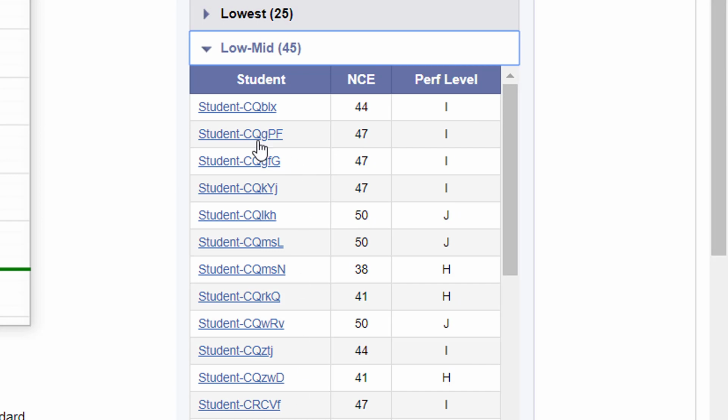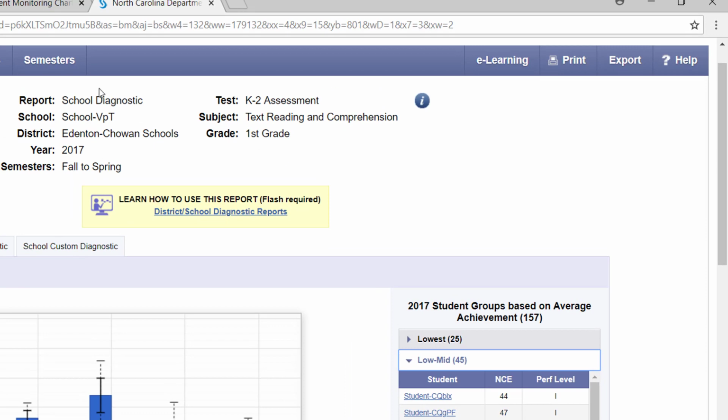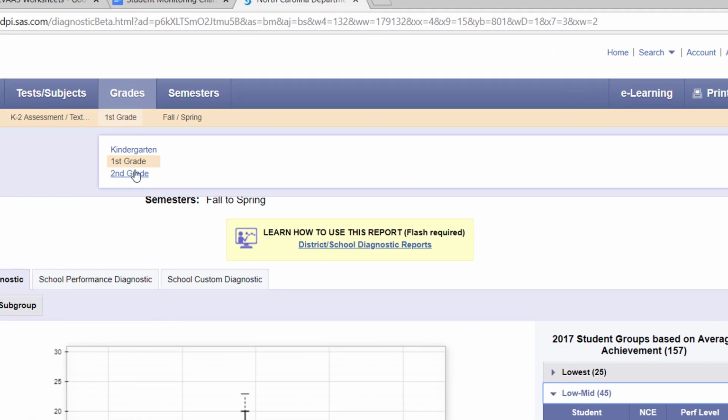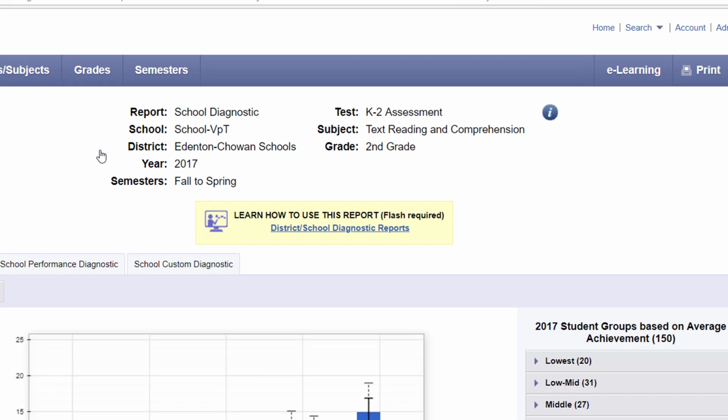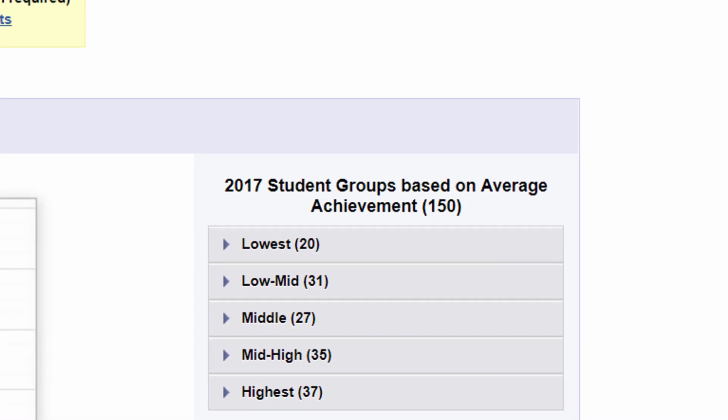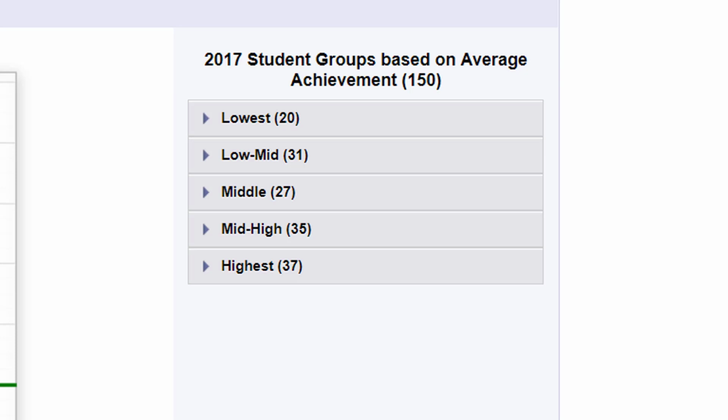Then what I would do is go to the next grade level. So this was 1st grade, so now I'm going to go to 2nd grade. Well, remember the idea of growth in the EVAAS model for tests that are given in consecutive years is that each student maintain their level of achievement.